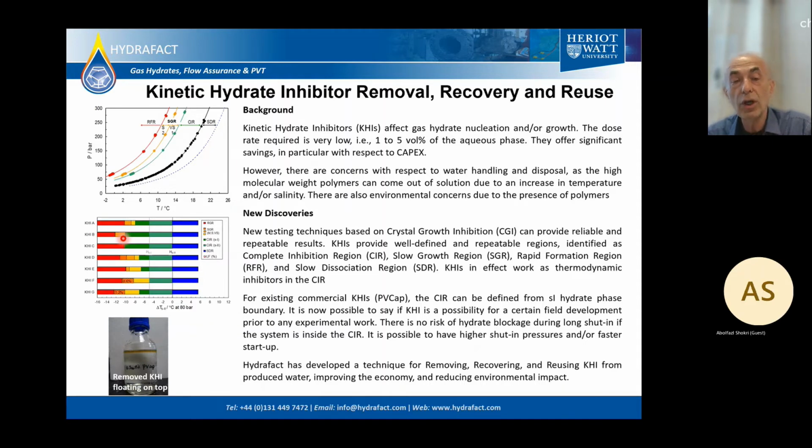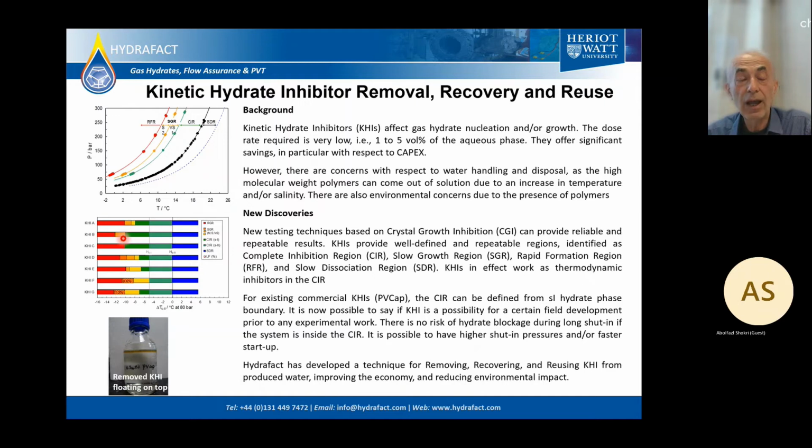So when water cut increases, we need more MEG, and that may be a problem. We also found that kinetic hydrate inhibitor can replace 20 to 40% MEG. 1% kinetic hydrate inhibitor can replace 20 to 40% MEG. So it is an ideal condition to mix KHI with MEG.